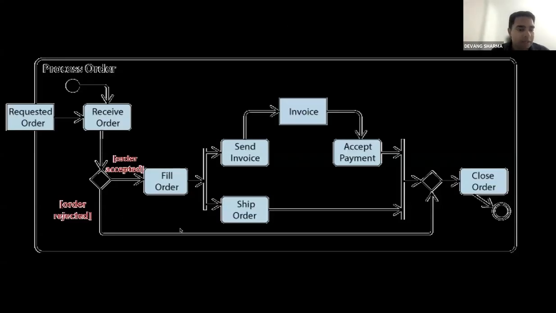Let me know. Activity diagram is just denoting the sequence of activities, how the entire system is performing. A simple example I explained was the process order. So the purpose of an activity diagram is to list down all the activities which are going to happen as part of a system. So when I process an order, this is what I'm doing here. You can call it workflow, you can call it something else.